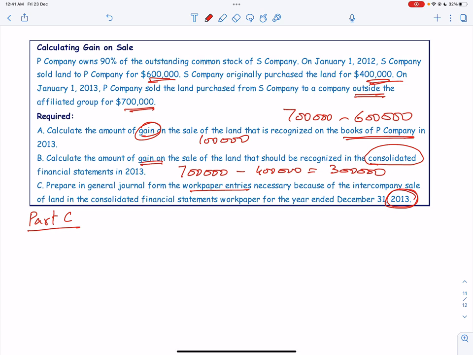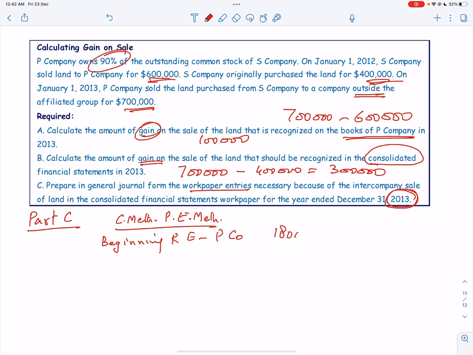And if we are going to follow the cost method or partial equity method, then the beginning retained earning for the parent company will be debited, and that is 90%. So 90% of the gain of 200,000 is 180,000.